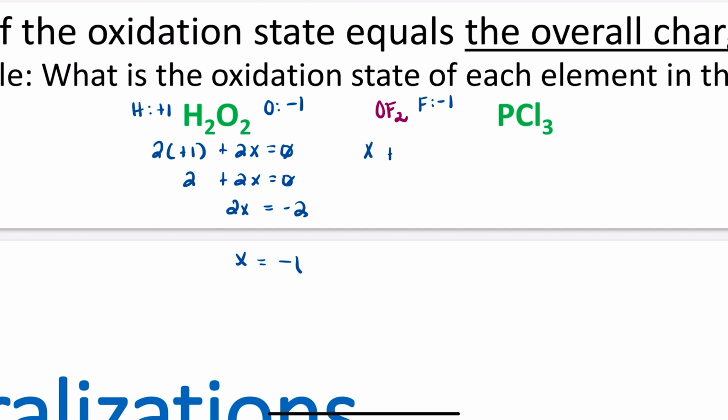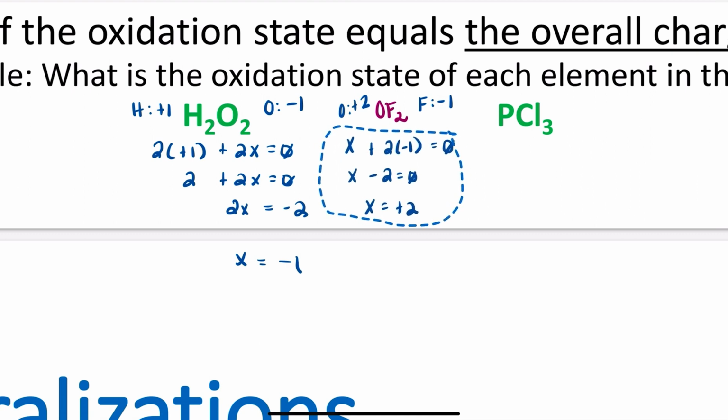I have oxygen plus 2 -1 charges, overall equaling 0. X minus 2 equals 0 because 2 times -1. X equals +2. My oxygen here has to be a +2 charge. Oxygen's not thrilled about it, but it can do it. Because again, these are made up constructions of numbers to describe electron flow.